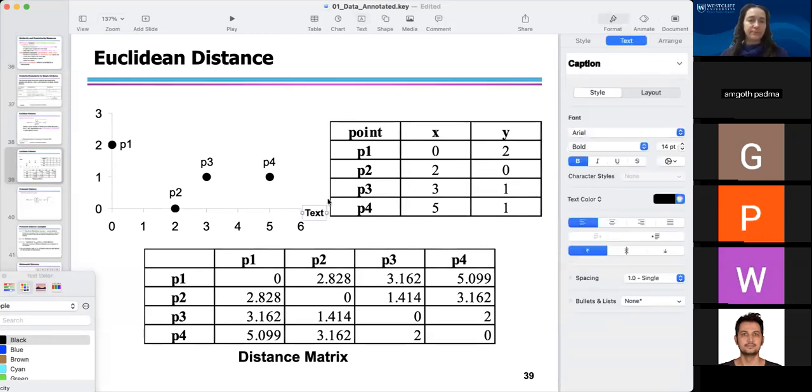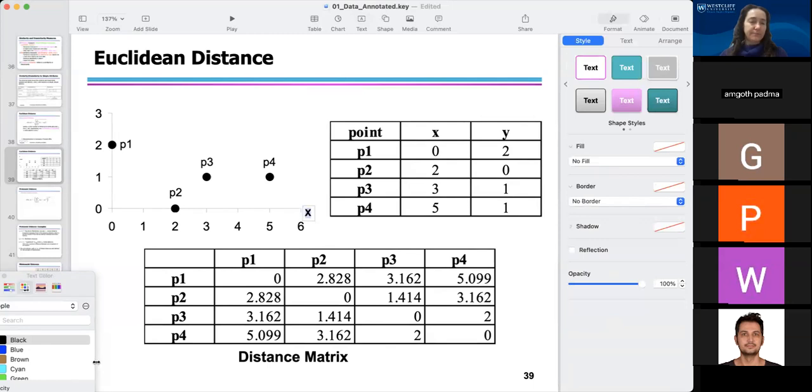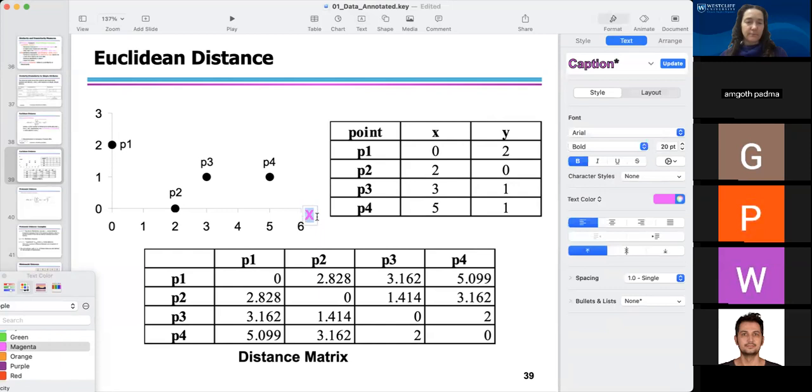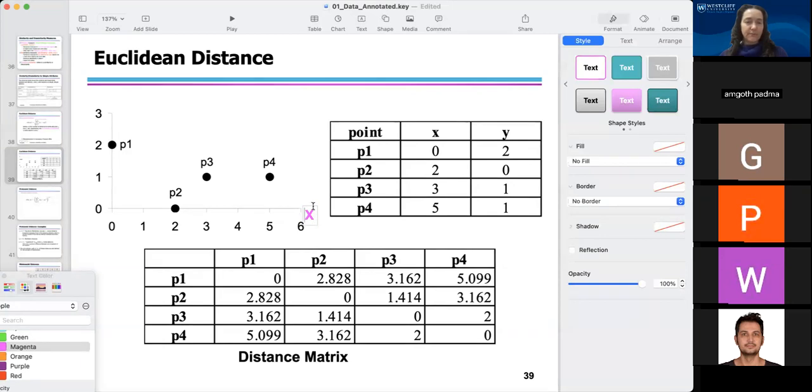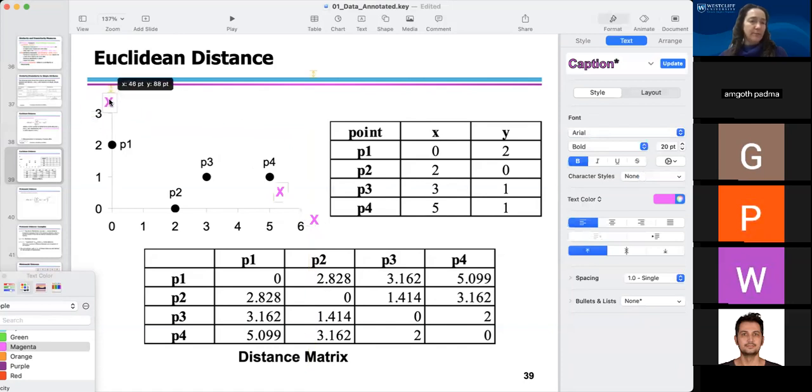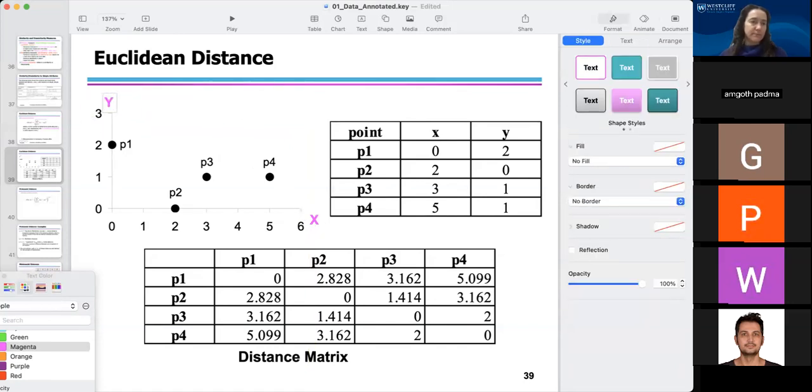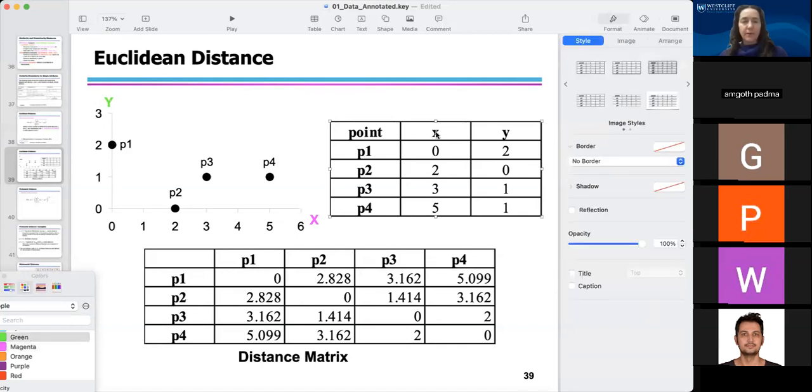So this is x, and this is y. The first point for x has 0, so it's right here.